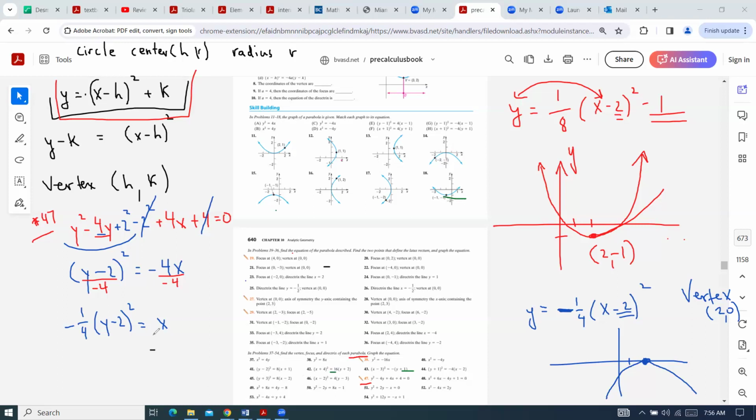So once I graphed the one we are more familiar with, I can analogously do the same thing with the actual exercise 47. So y minus 2 means I need to put 2 but on the y-axis, because instead of having the vertex at 2, 0, now we have switched them, so it'll be 0, 2, and on the y-axis.